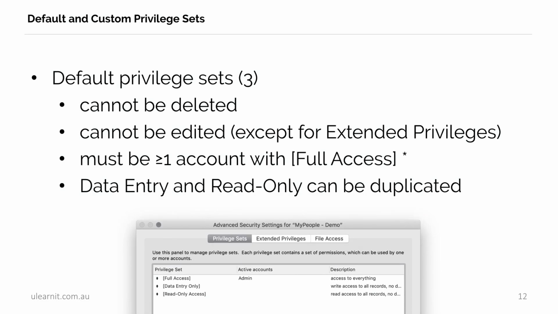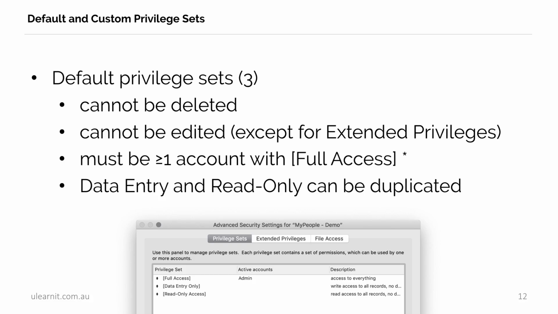FileMaker provides 3 default privilege sets that are all denoted by being enclosed in square brackets. These privilege sets cannot be deleted, but of course they don't need to be used with the exception of full access. They also cannot be edited except in the area of extended privileges.